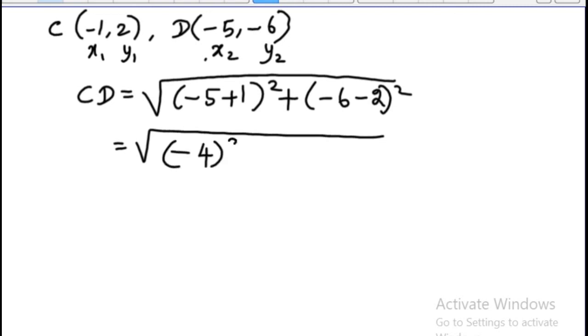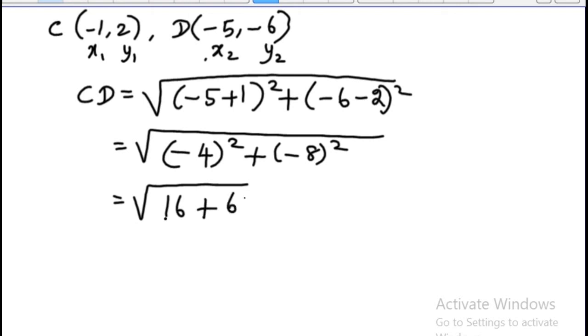Minus 4 square plus minus 8 whole square. Minus 4 square means 16 and minus 8 square is 64, that is equal to root 80. So CD also you will get root 80.